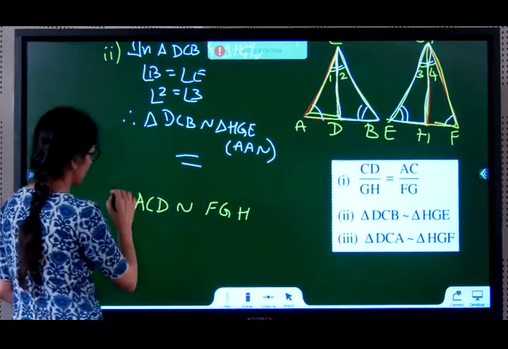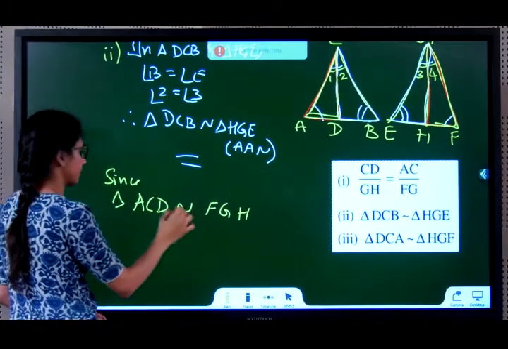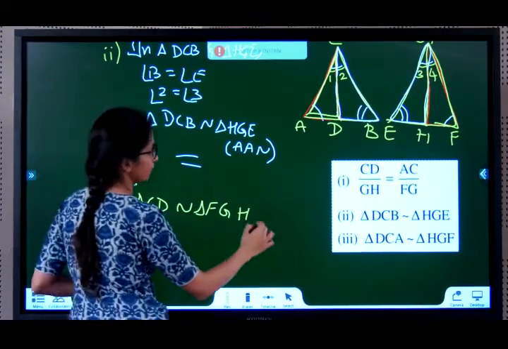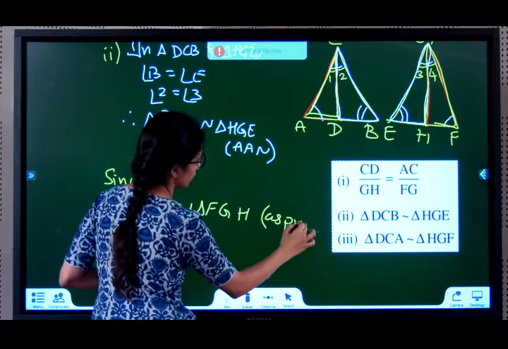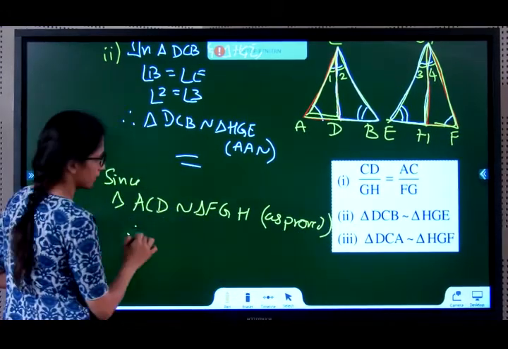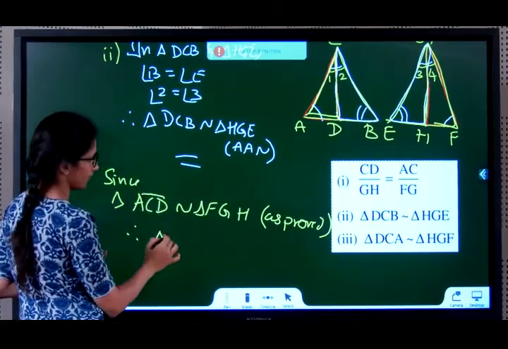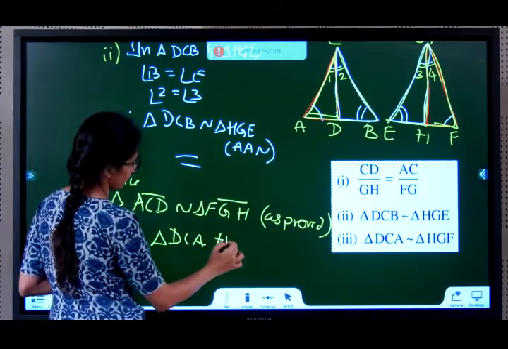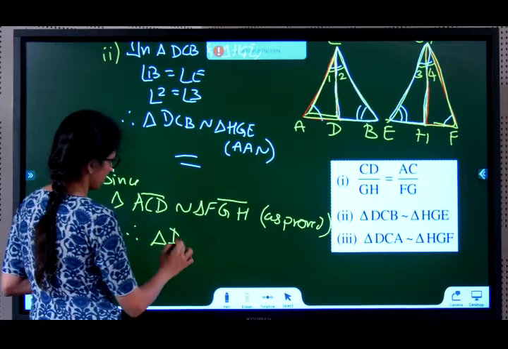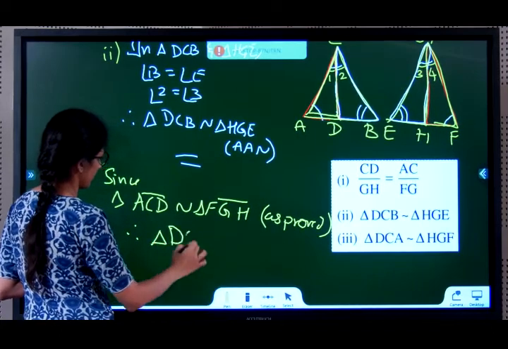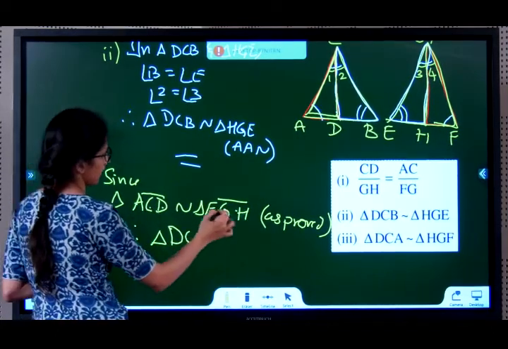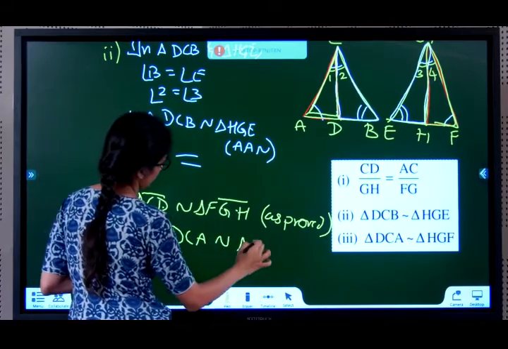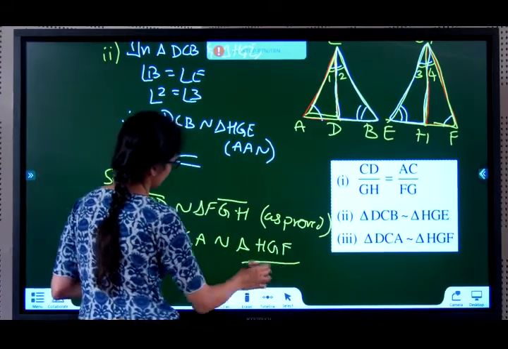So rename it. Since triangle ACD is similar to HGF as proved, we can therefore say they just want a different naming, DCA. DCA, HGF, same thing. So we have already proved that.